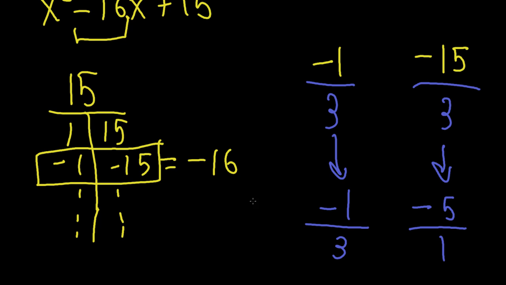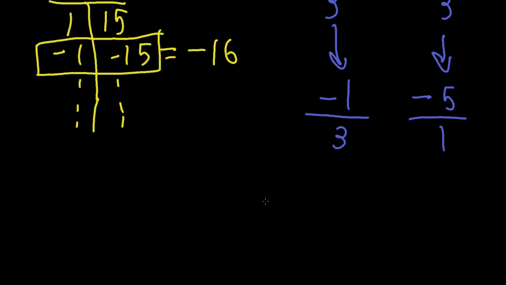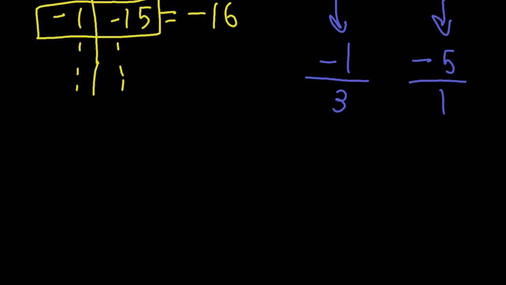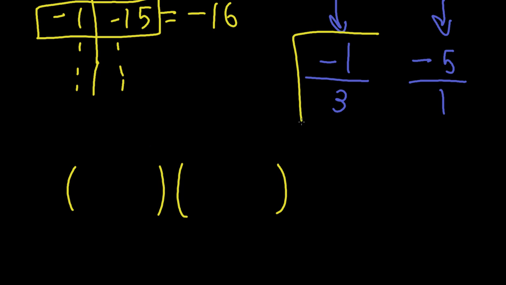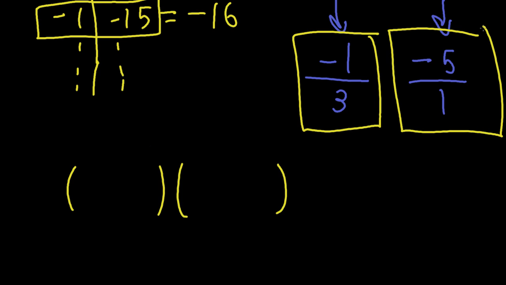Well, now what do I do? We're almost done, so for the last step, I'm going to write out my parentheses like this. What goes here is a little tricky, but bear with me. I'm going to take each of these and take whatever's on the bottom and put it in front of my x.